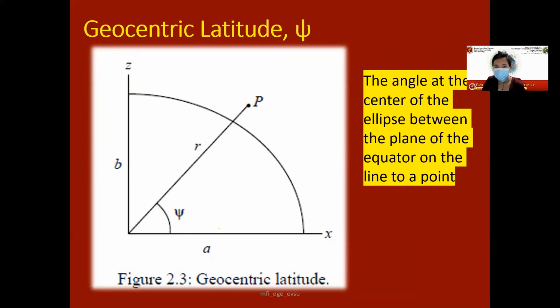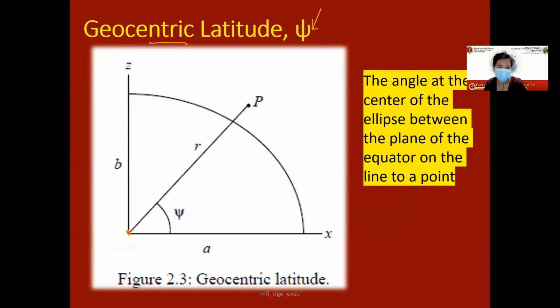This is denoted by the Greek letter chi, which looks like the trident of Poseidon. Say the geocentric latitude. As I mentioned, from the word itself, centric, its origin is at the center of the earth. We have here at the bottom.